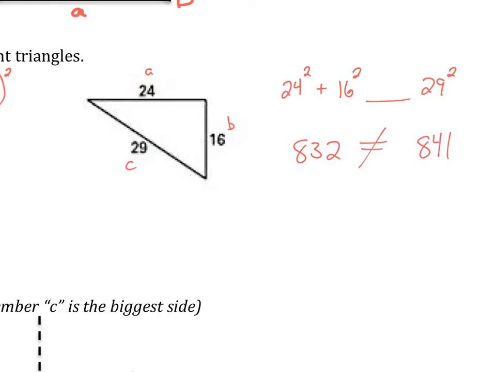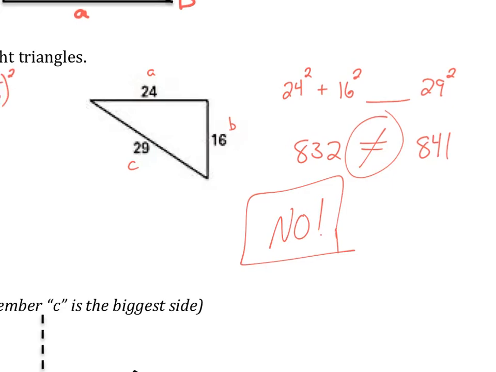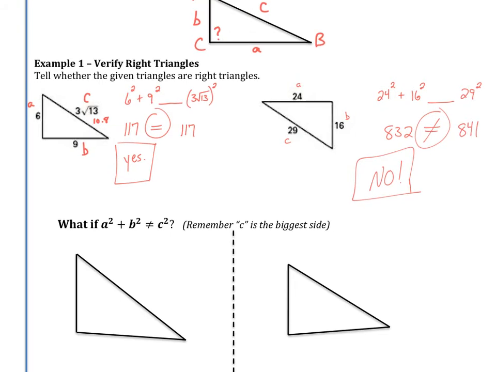So these are not equal. So is this a right triangle? No, it's not a right triangle because a squared plus b squared does not equal c squared. So if it's not true, the triangle is not a right triangle. So that's one way to tell if it's a right triangle.